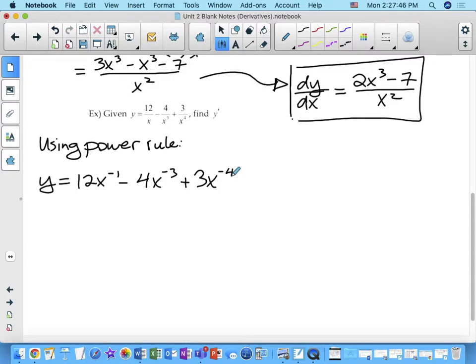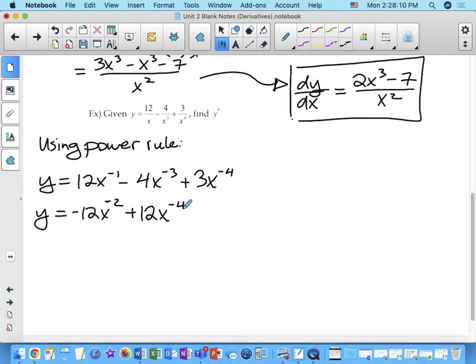Okay, and now we just use our power rule. So we multiply whatever the coefficient is in front by the existing exponent, and then decrease it by 1. So this is going to become negative 1 times 12 is negative 12x to the negative 2. And then negative 3 times negative 4 is plus 12x to the negative 4.